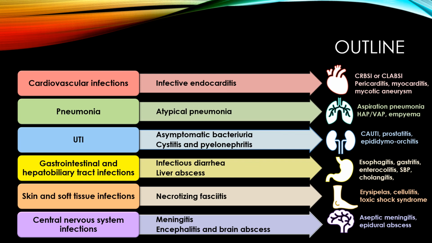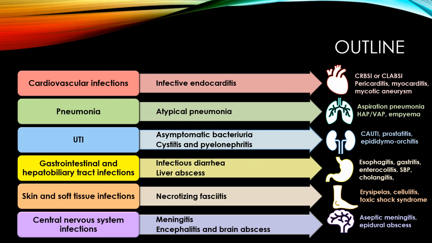For cardiovascular, you should know about catheter-related bloodstream infection and pericarditis. For the respiratory system, aspiration pneumonia or empyema. I think you may learn these from the pulmonologist. For UTI, some patients have a Foley catheter, and some have catheter-associated UTI or prostatitis. This you may learn from the urologist.